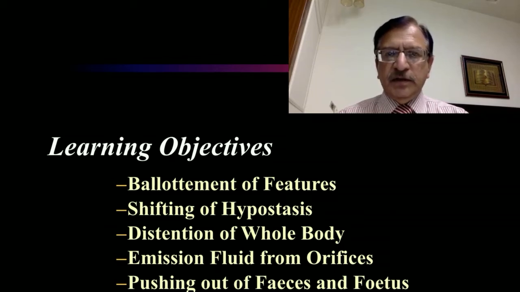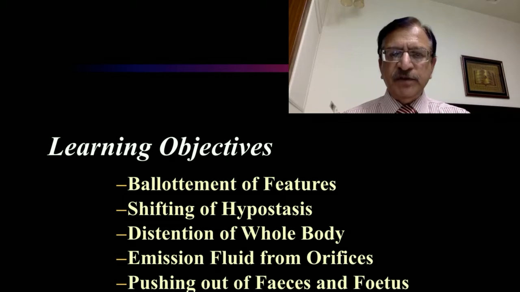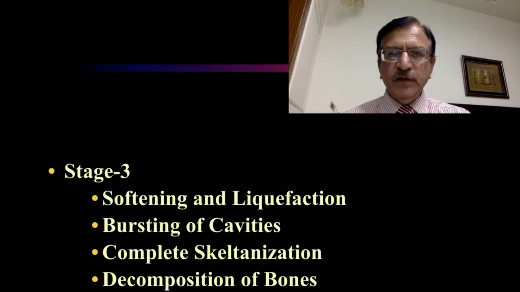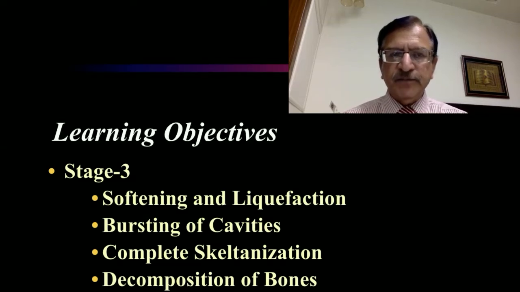And the intra-abdominal pressure because of the gases may rise so that it will push the feces out of the rectum and the fetus out of the uterus. Then we will discuss stage 3, which is the softening and liquefaction. There will be bursting of cavities, complete skeletonization, and decomposition of bones.